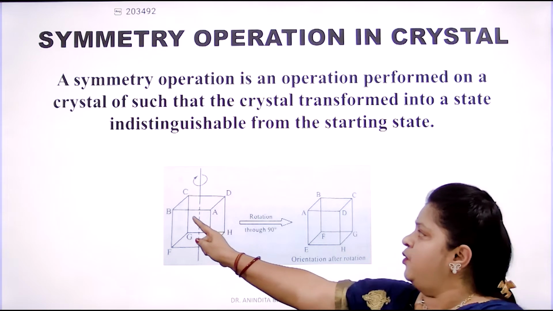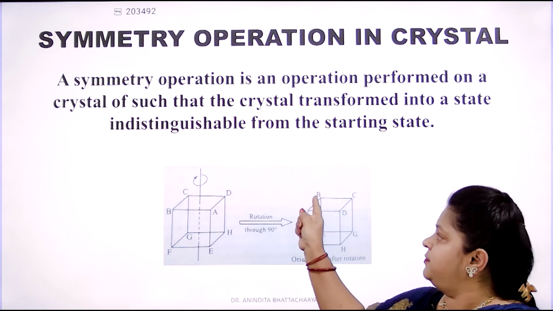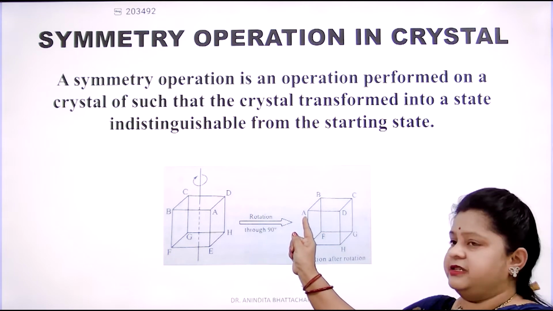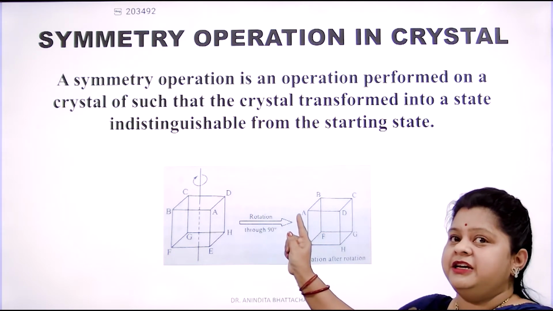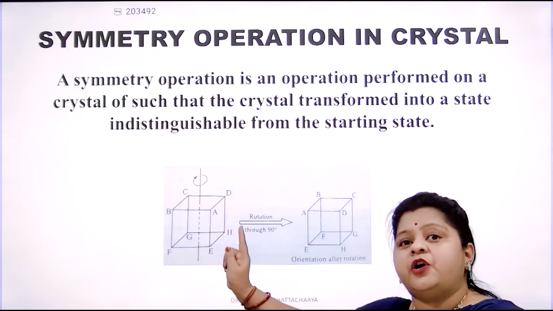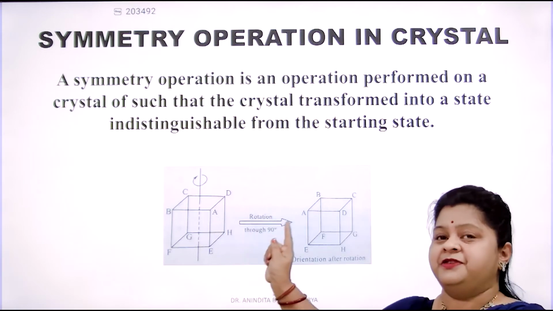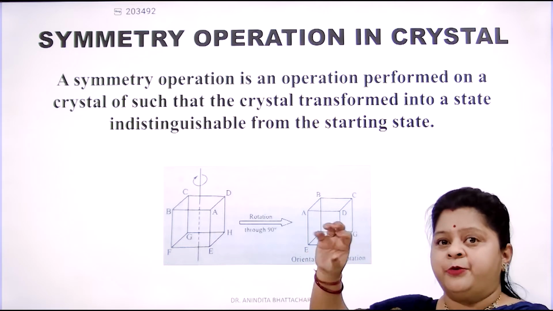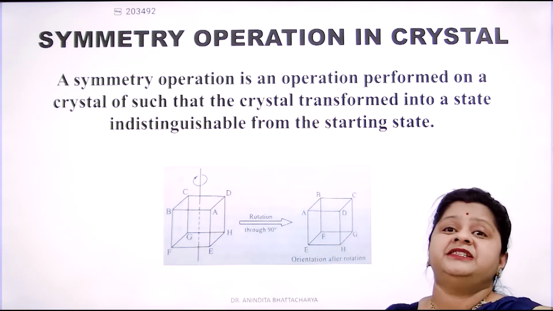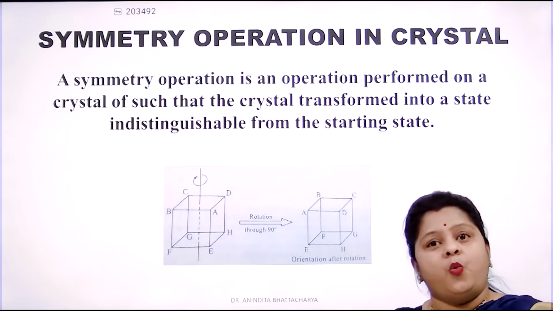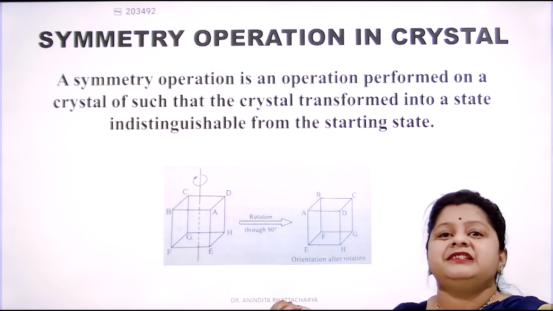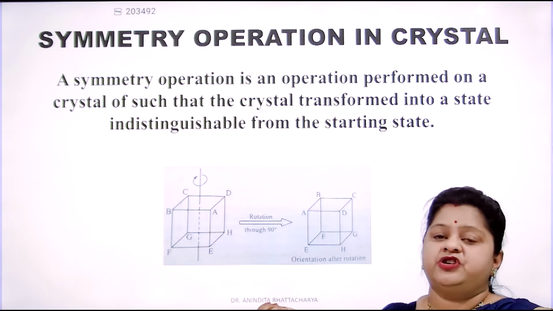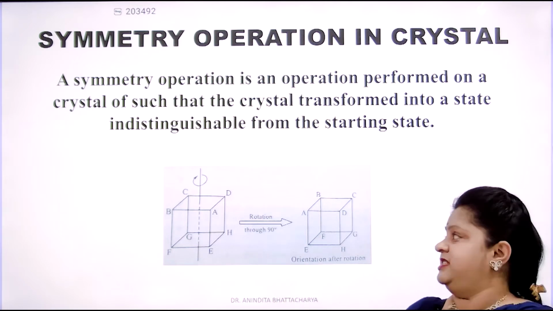See, B went to this position, C to this, D to this, and A to this. So you can see the movement of the letters. This is the way we can rotate them by 90 degrees, 120 degrees, 180 degrees, and 360 degrees, and we can get back a form indistinguishable from the previous one.